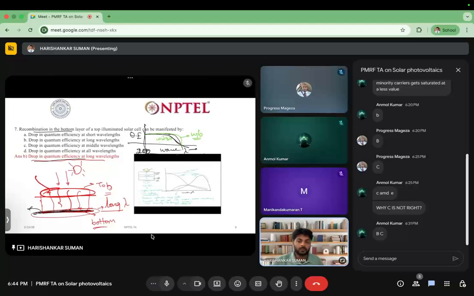So the curve should be like a rectangle for the ideal case. This is 1, or multiplied by 100, 100 percent. Quantum efficiency at the band gap drops to 0. But not ideally. Due to the losses, this is the front side, this is the bulk, and this is the back side.